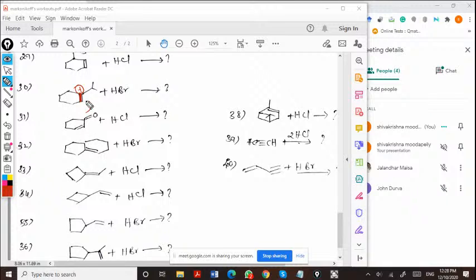Tertiary, if at all there is a 1,2 hydrogen shift, it is also going to give a carbocation. So among these two, which will be the most stable? This is one and this is two. So which is more stable?